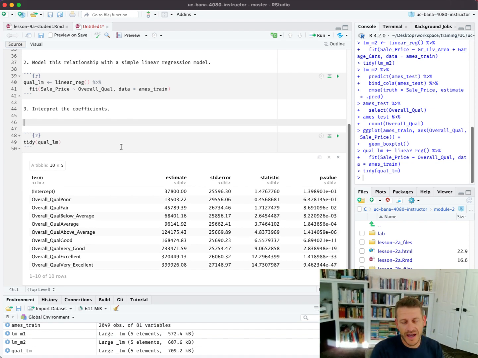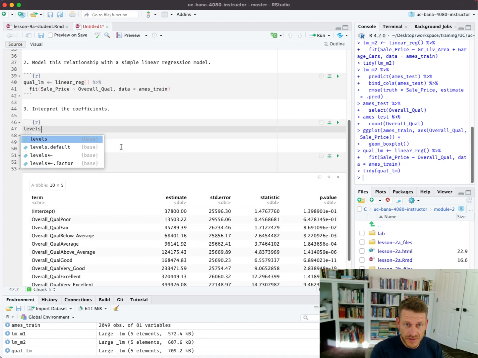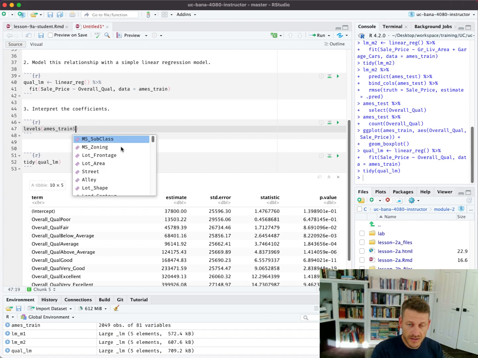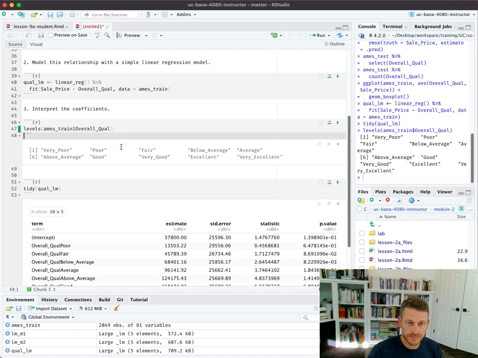We can get that if we look at the levels for Ames train, overall qual. So we can see that these are in order from very poor up to very excellent. This first level within our factor variable is going to be the reference level.